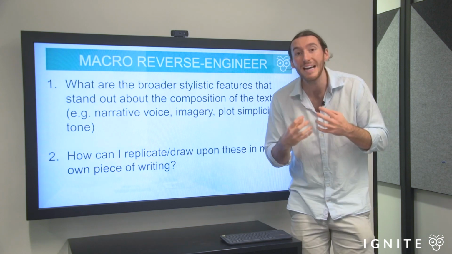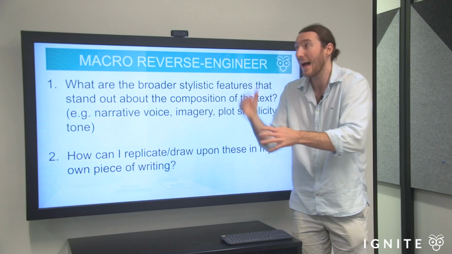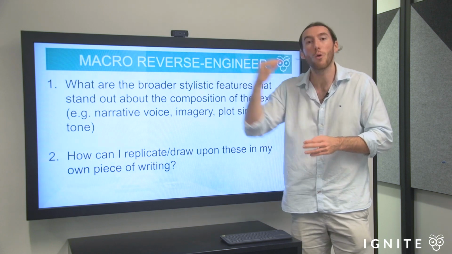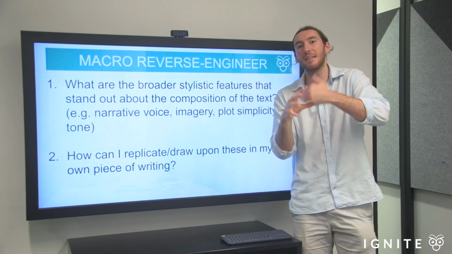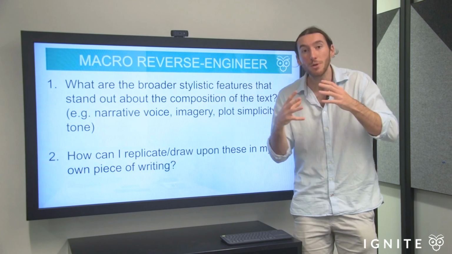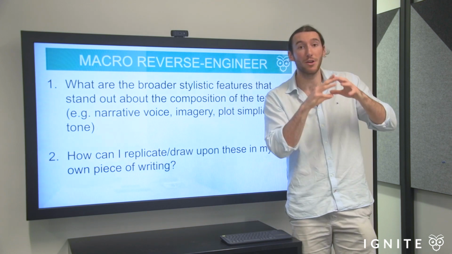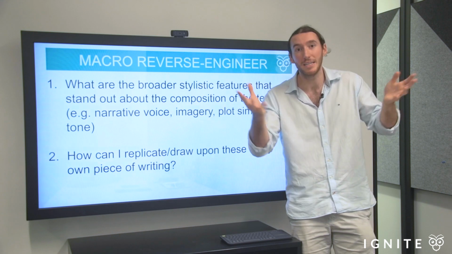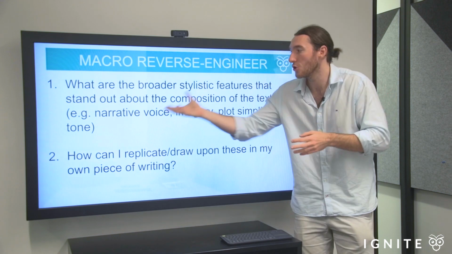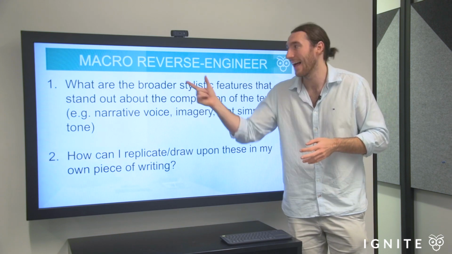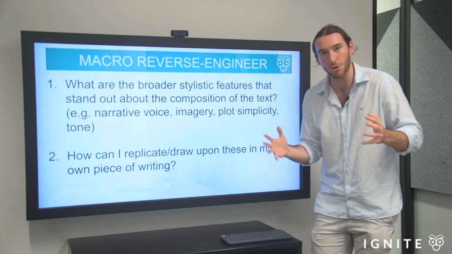You'll say, I now need to use the same tone as the composer that I studied. Or I'll use a different tone, but I'm still being inspired by what they did. So you want to achieve your own purpose, you want to talk about your own issue, or you want to explore your own idea of a story, but you want to still use the techniques that they did. And that's how you reverse engineer in the macro sense.